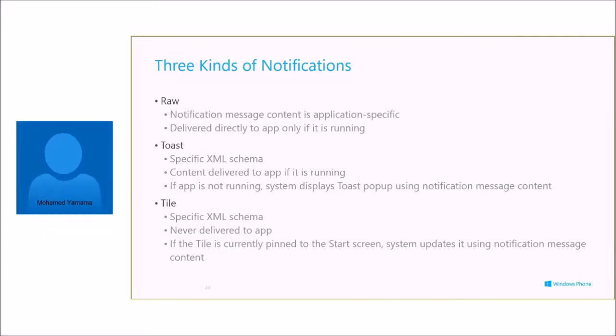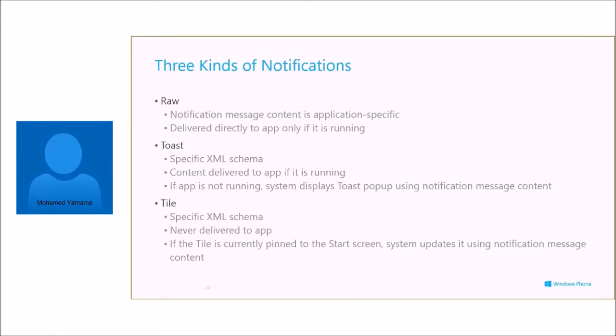The third kind of notification is the tile, and a tile notification can be used to update a tile on start. So it's never delivered to an application, unless you want to deliver to the application through a raw notification, for example, if your application is running. For example, you got a new message, so it updates on your tile. You want to change the color of your store app, like the question we've got.